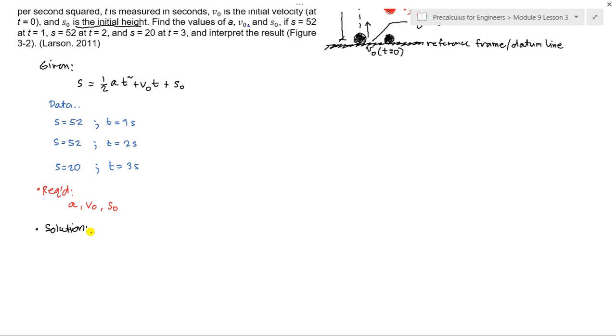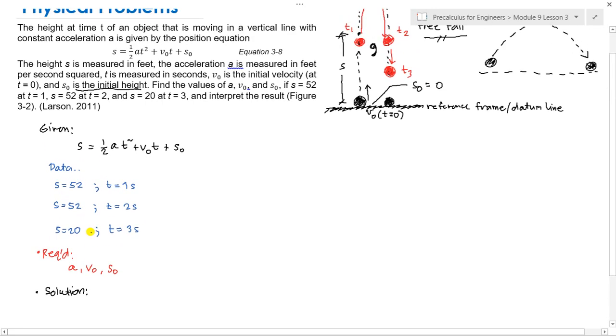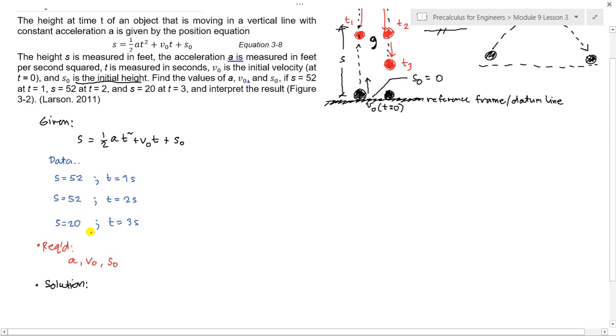Tulo. Diba? That is acceleration, initial velocity, and initial height.